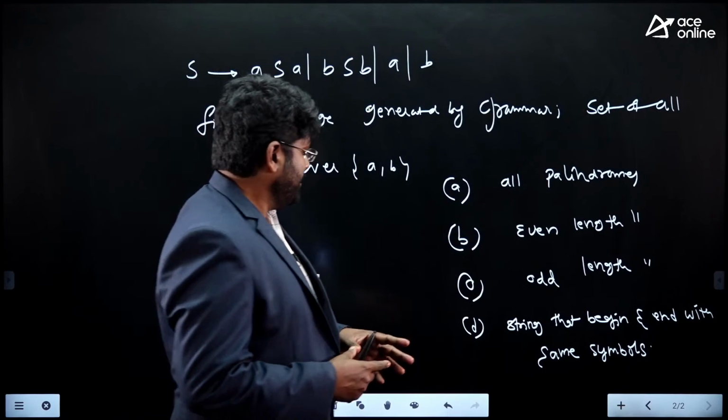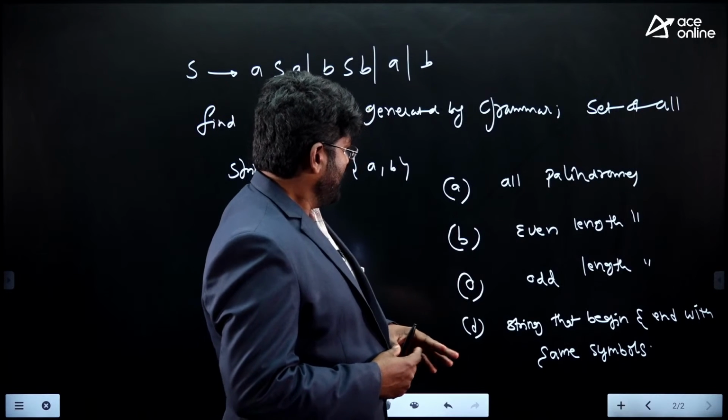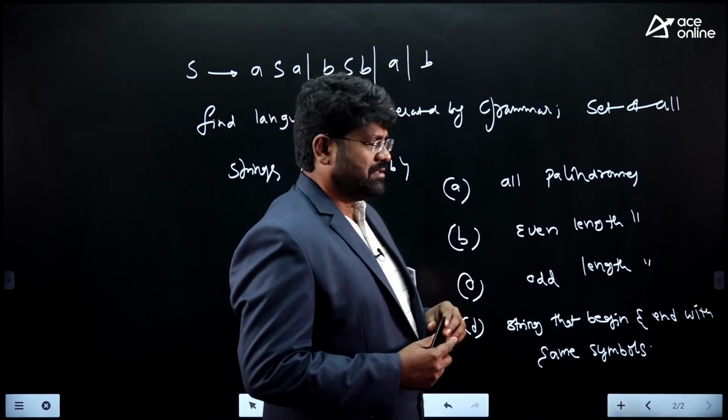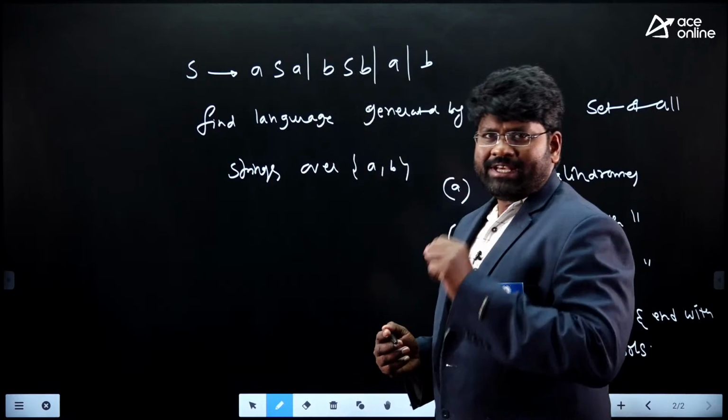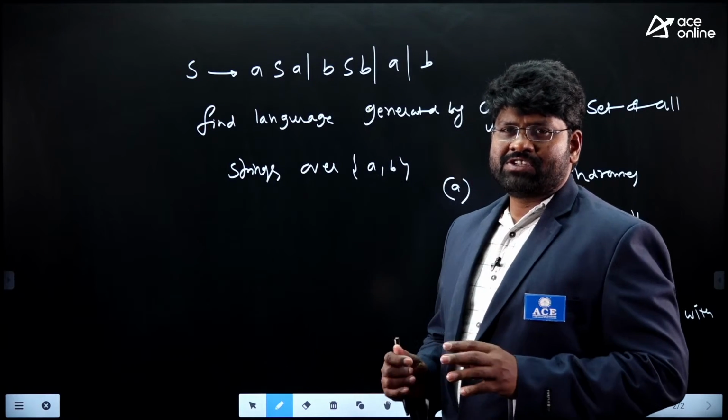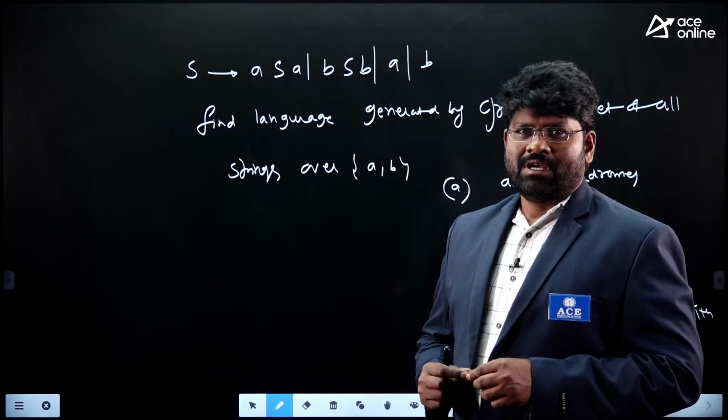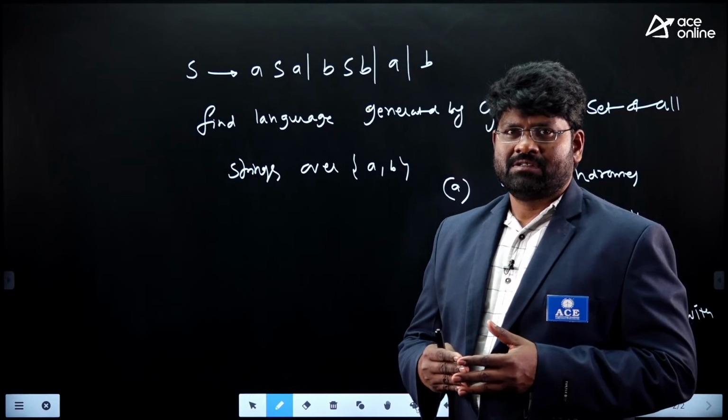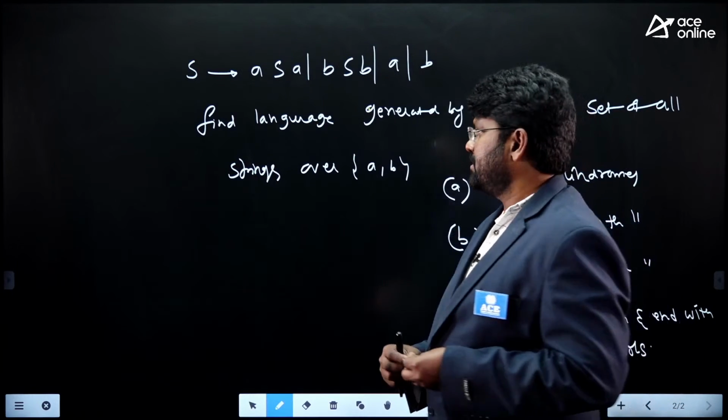When you want to find the correct answer, you have to do this. Look at the grammar, identify what strings it can produce, and derive the strings starting from the very smallest string.